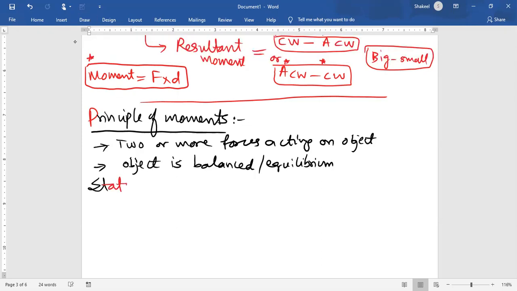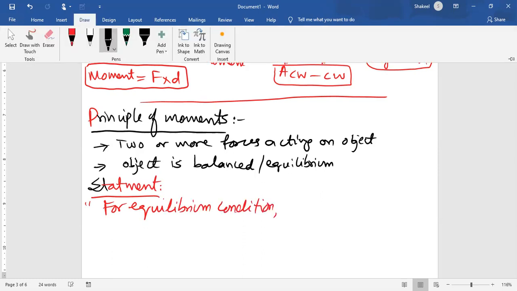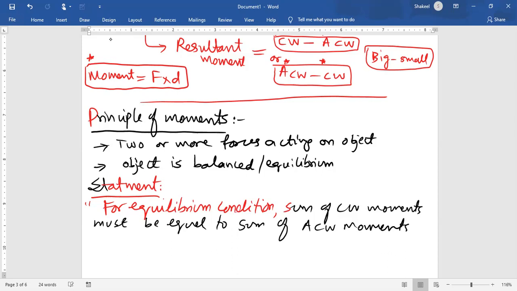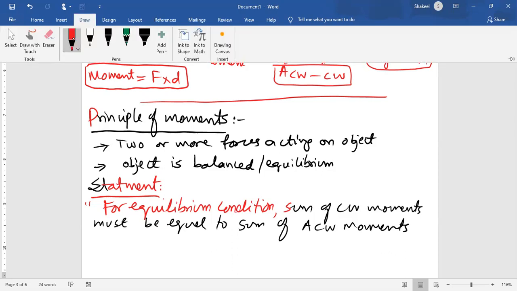Let me write its statement first. The statement is: for equilibrium condition, the sum of clockwise moments must be equal to the sum of anti-clockwise moments acting about the same pivot.